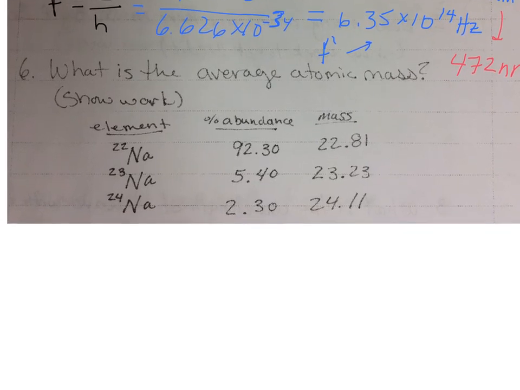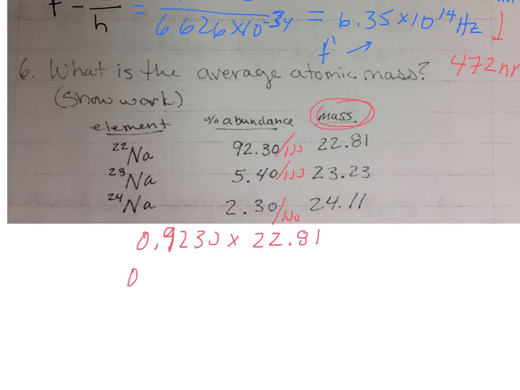All right, so the first thing we do, you guys, we've done these problems repeatedly, right? We're going to divide this by 100, divide this one by 100, and divide this by 100. So what you end up with is 0.923, and we're going to multiply this by the 22.81, which is my mass here.